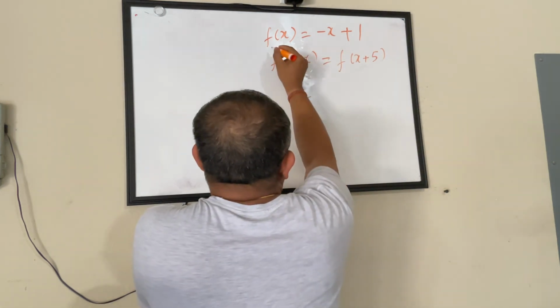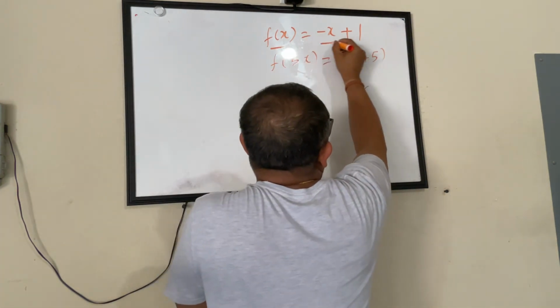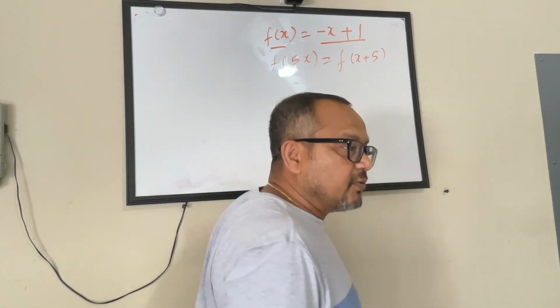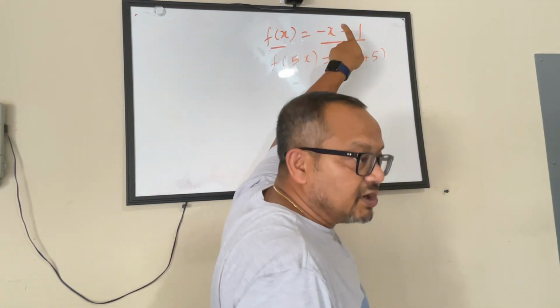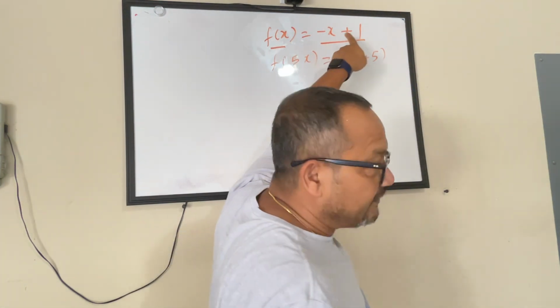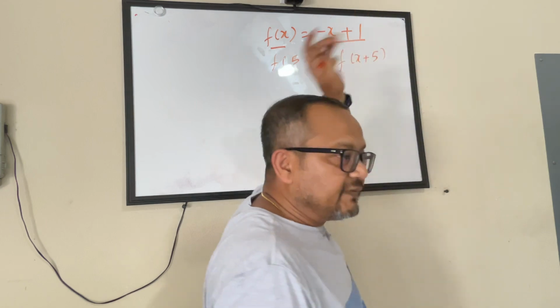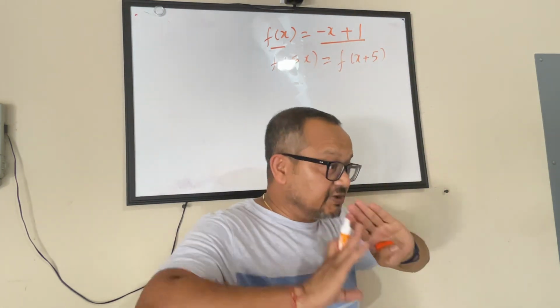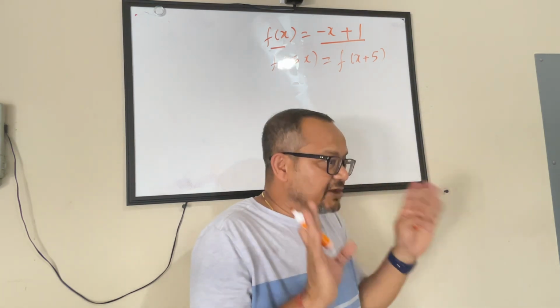Let's see. I am given the function of x equals minus x plus 1. If I have to find out the function of 1, I will replace x with 1. If I have to find out the function of 5, I will replace x with 5 in this equation. If I have to find out the function of 200, I will replace x with 200. I am just being explicit, trying to tell you guys how easy it is.